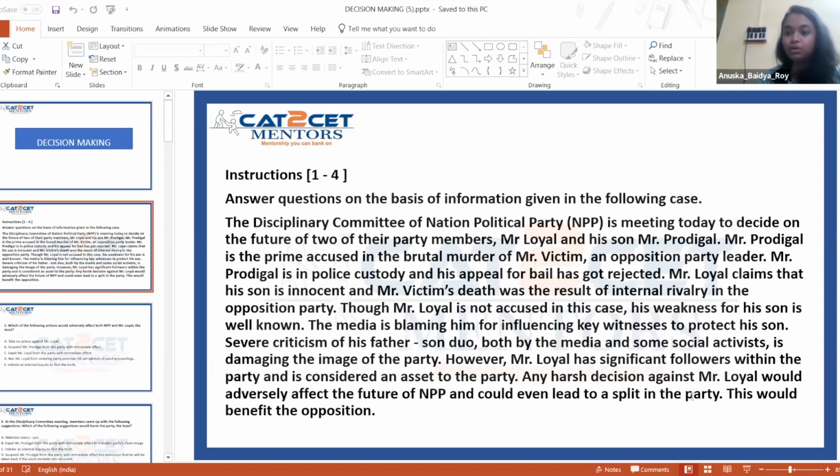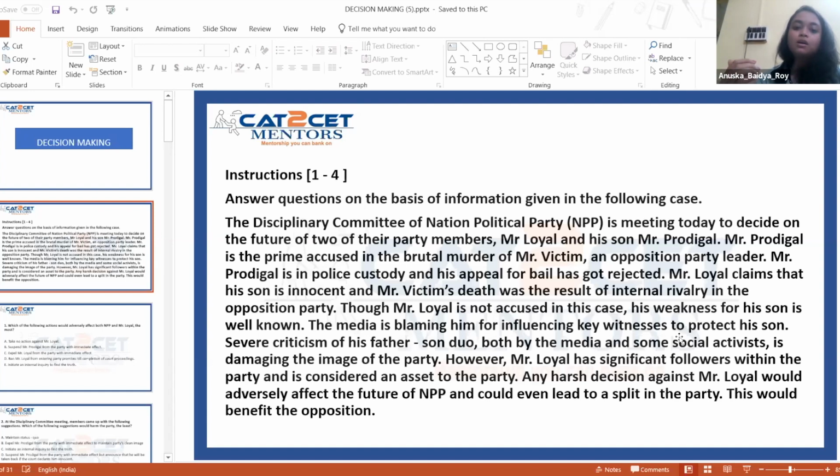The followers of Mr. Loyal will leave the party. There will be a split in the party. This would benefit the opposition. So we read the case, we jot down the important points to remember. There is a political party and a father and son. The son is accused of committing a crime, which is killing an opposition leader. The father is trying to save the son.